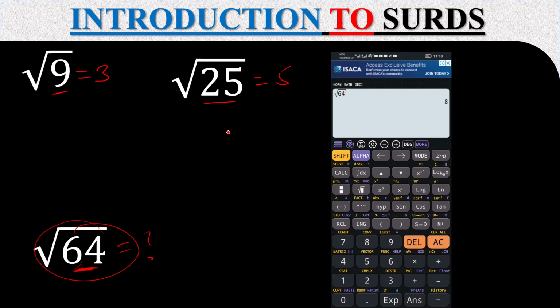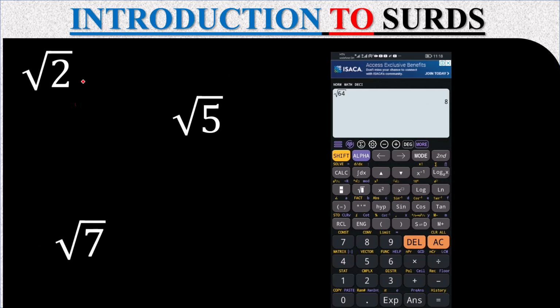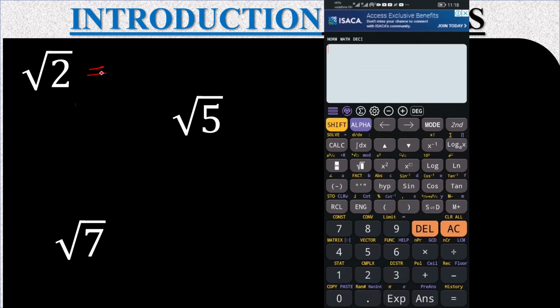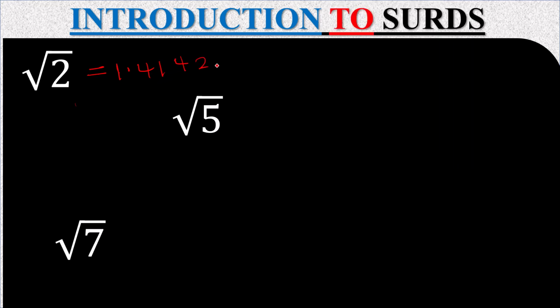Now let's consider those that will give us decimals. Let's look at the square root of 2. It gives 1.41, more precisely 1.4142. Now let's look at the square root of 5.